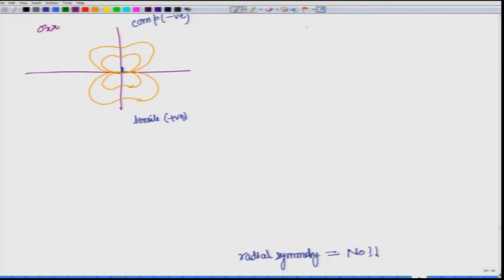Now, how would the y y look like? It is not so straightforward to predict, but if you plot it using the relation that has been given to you, you would see that it shows a form like this. So, there are two main lobes and then there are four small lobes.